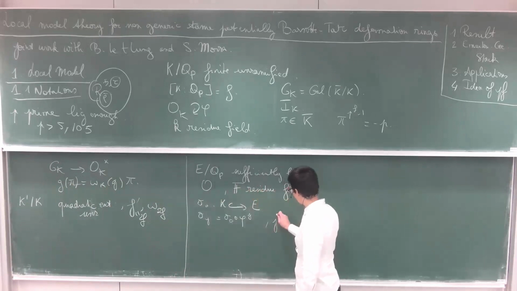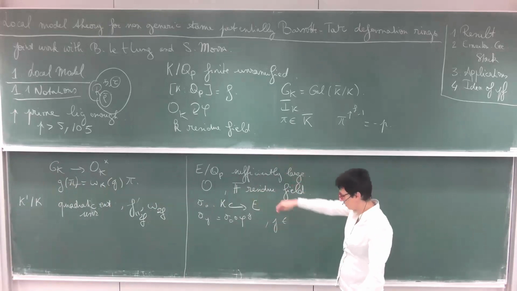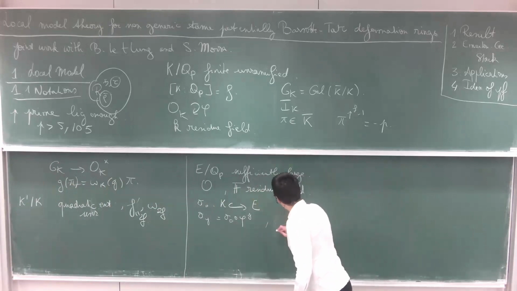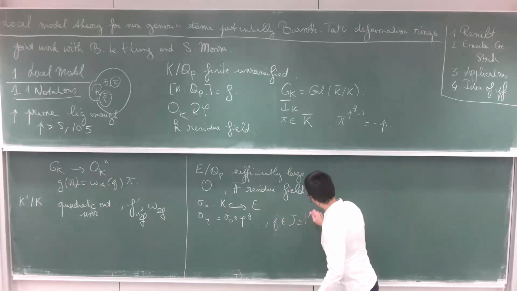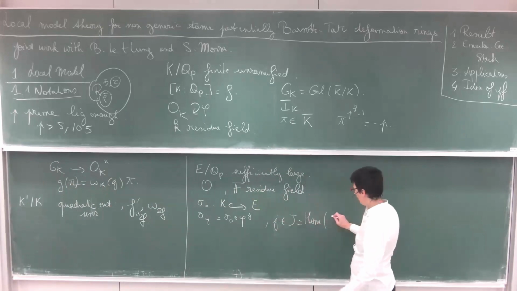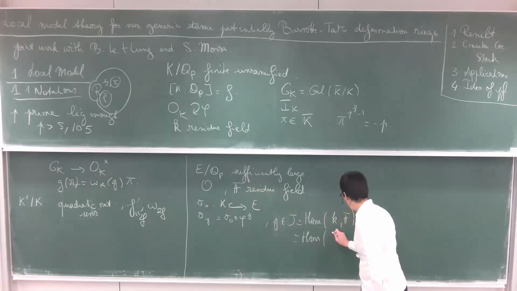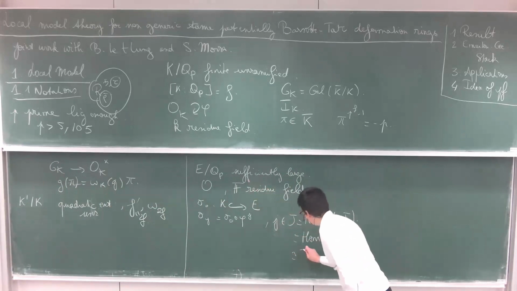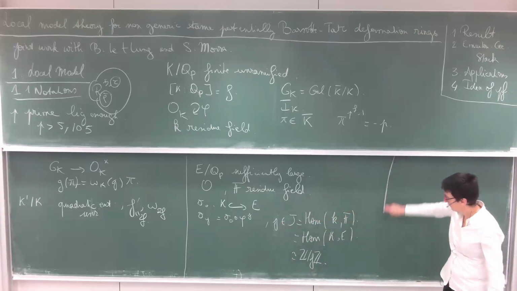So I have a degree f of K such embeddings, which I can see like a cyclic group of order f.